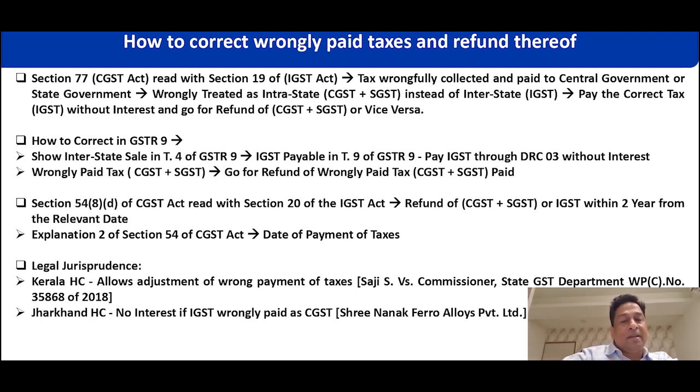So what happens? Your table 9 will have the figure of CGST and SGST which you have wrongly paid, that will show as excess tax paid, for which you should go for refund. Refund under section 54 subsection 8 clause D of the CGST Act, read with section 20 of the IGST Act.